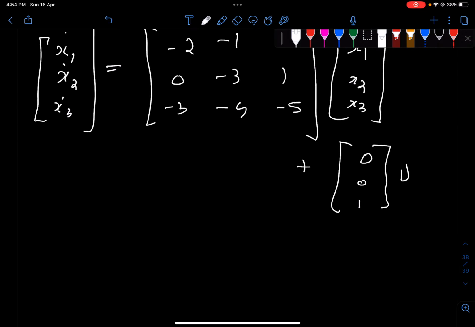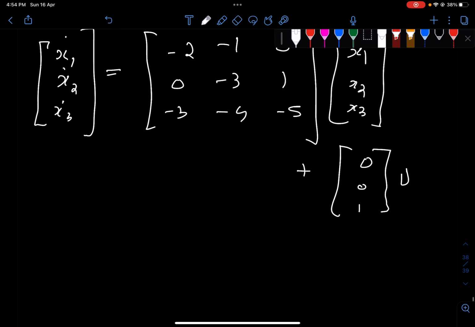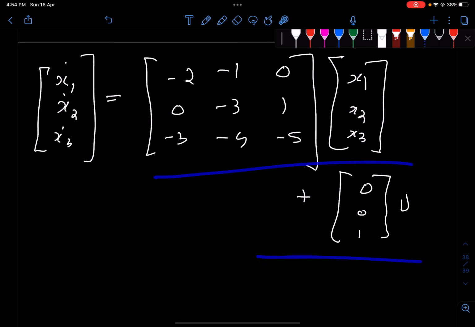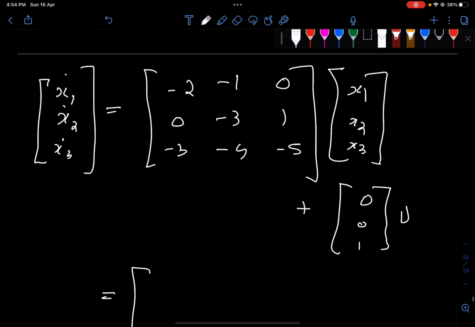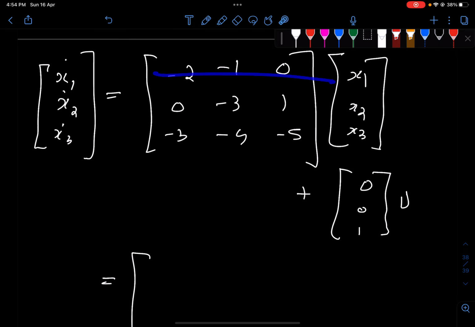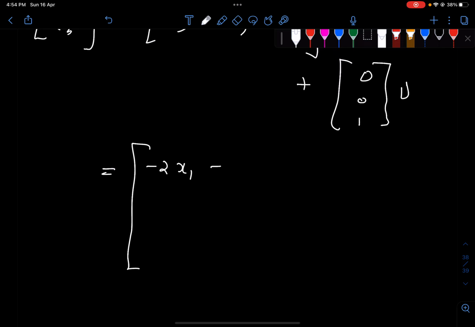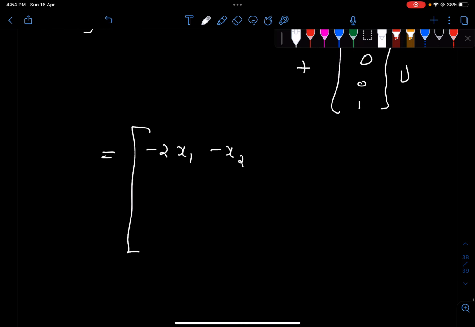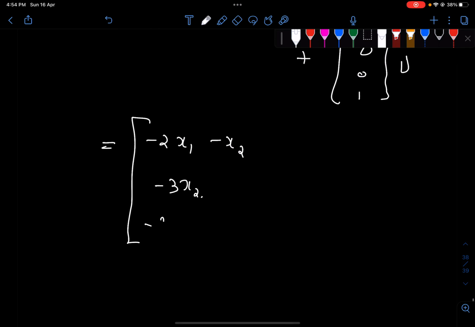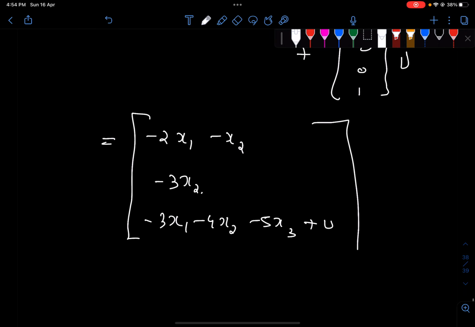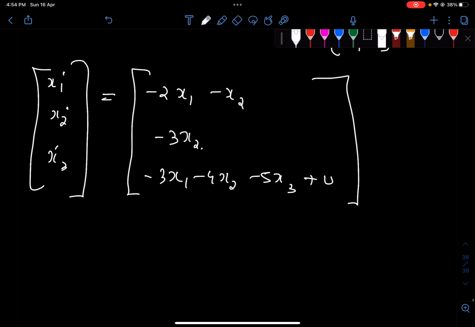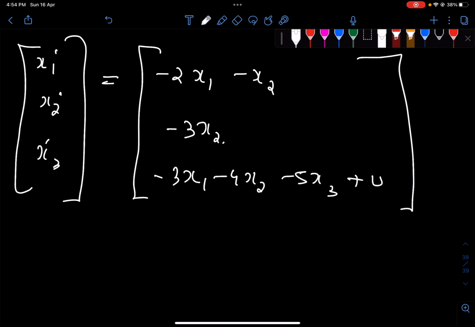So you open the matrix and add it, and it will look like minus 2 times x1 minus x2, and the next is minus 3 times x2. The next is minus 3 times x1 minus 4 times x2 minus 5 times x3 plus u. That will be x1 dot, x2 dot and x3 dot. So x1 dot is minus 2 x1 minus x2, x2 dot is minus 3 times x2, and x3 dot is minus 3 times x1 minus 4 times x2 minus 5 times x3 plus u.